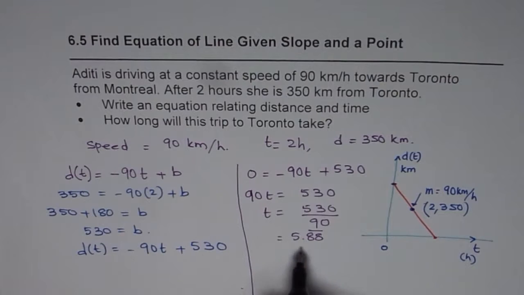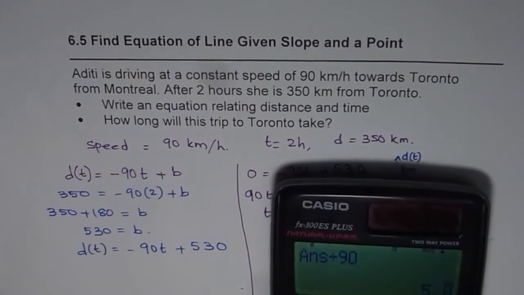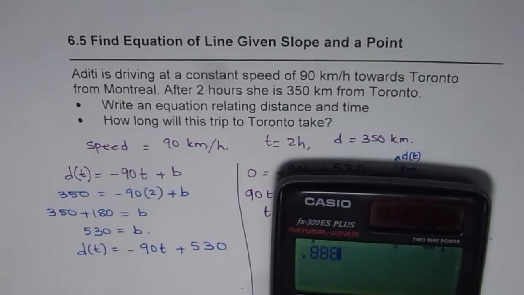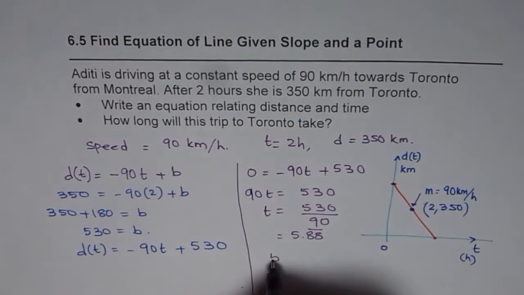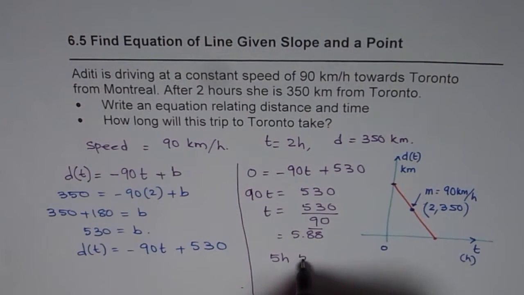So in hours and minutes, what we should do is, we have this 0.888, we have to multiply by 60 to get our minutes, right? So that is 53.2. So we can say 5 hours and 53 minutes.